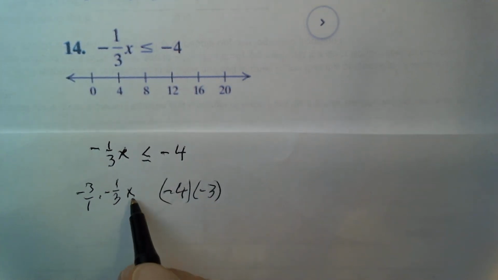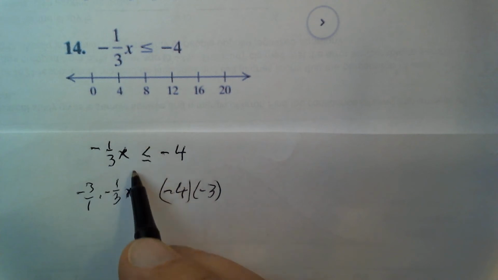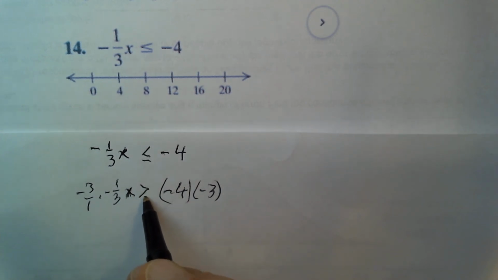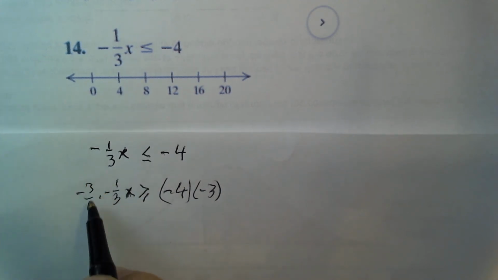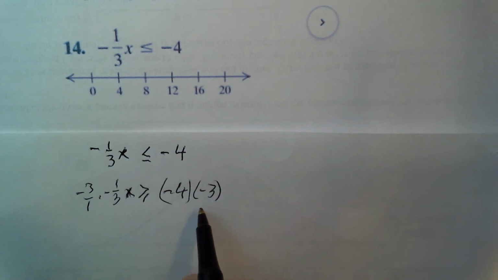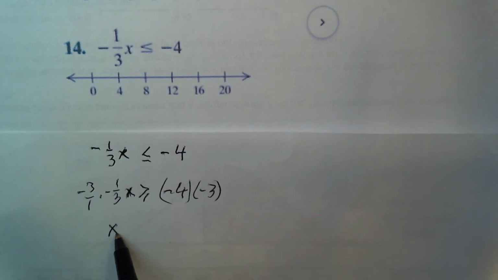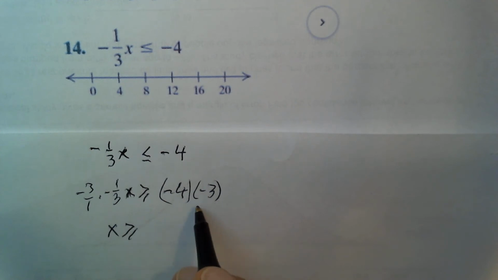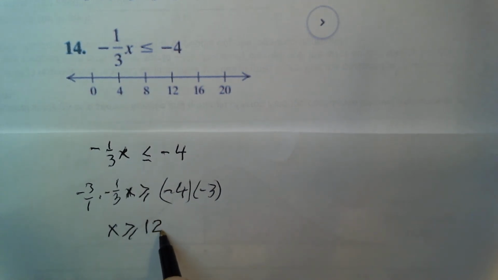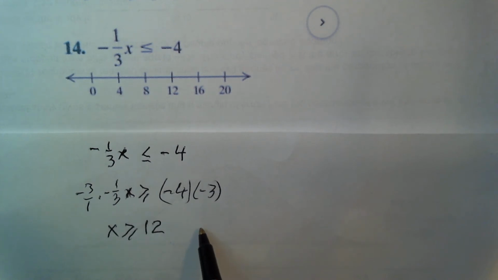Now we need to remember to turn the inequality symbol around, because we're multiplying by a negative number on both sides, negative 3 in this case. So minus 3 divided by 1 times minus 1/3 is 1, or simply x. And x is greater than or equal to, and minus 4 times minus 3 is equal to positive 12. So x is greater than or equal to 12.